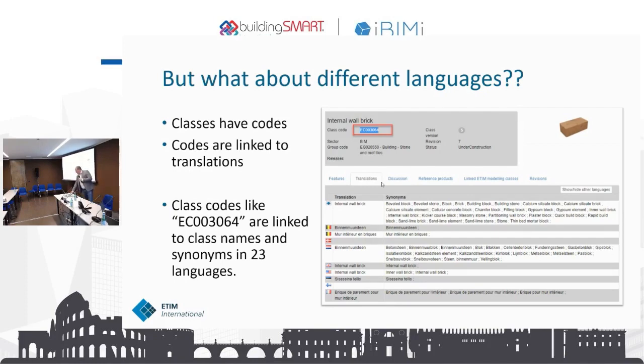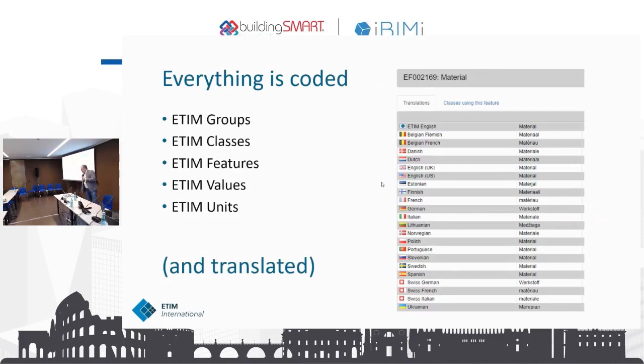And you have also the synonyms, but be aware, jargon and synonyms in every country, in every language is different. So you cannot do a one-to-one translation of synonyms. So that's being maintained by the national chapters. But everything is coded up to the unit, up to each pick list value.